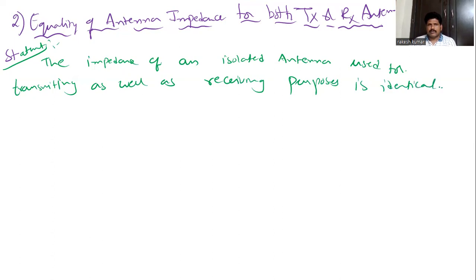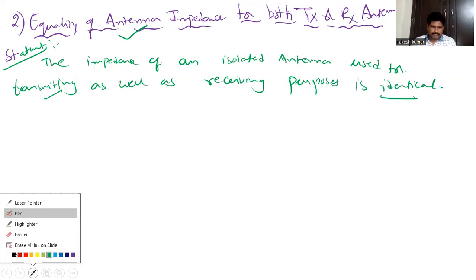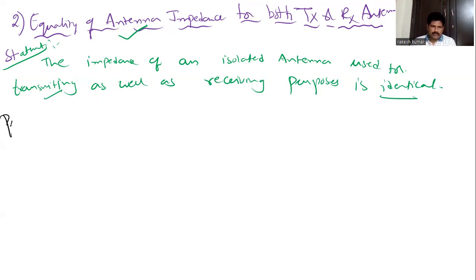So this is the statement of equality of antenna impedance. The impedance of an isolated antenna used for transmitting as well as receiving purpose is identical. So let us prove this.